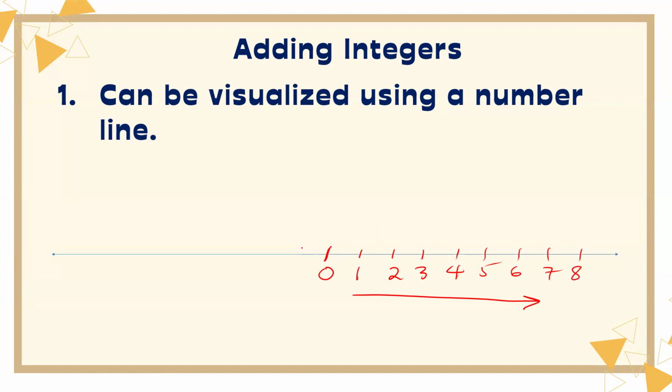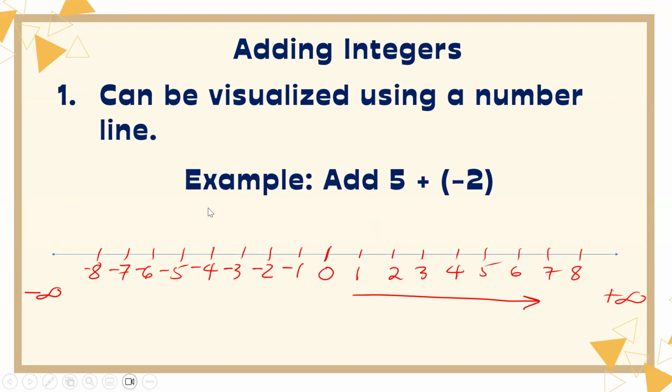And to the left, you have negative 1, negative 2, negative 3, negative 4, negative 5, negative 6, negative 7, and negative 8. So this is your number line. It's a continuum of all the numbers from negative infinity to positive infinity. All these numbers are found here in the number line.